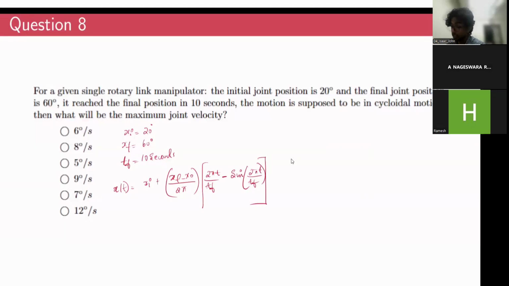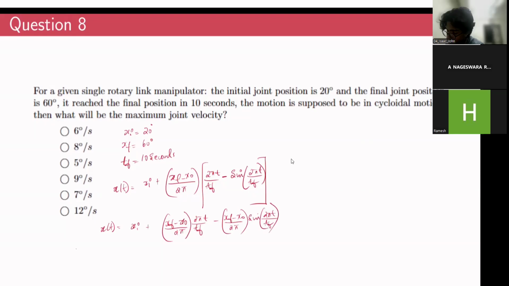So to find the velocity, we take the derivative of this, x dot of t, or maybe I'll rather multiply this out. x of t would be xi plus xf minus x0 by 2 pi multiplied by 2 pi t by tf, minus xf minus x0 by 2 pi multiplied by sine of 2 pi t by tf.